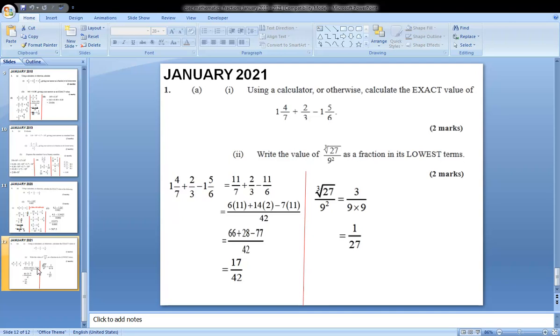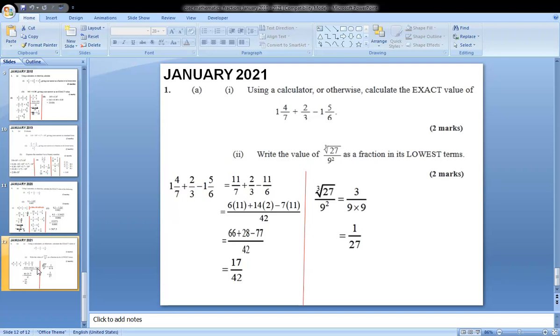So 66 and 28 would have given us 94, and we subtract 77 from that, which gives us 17/42. Or sorry, right? Right, 17 over 42.